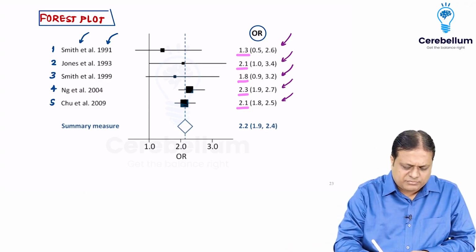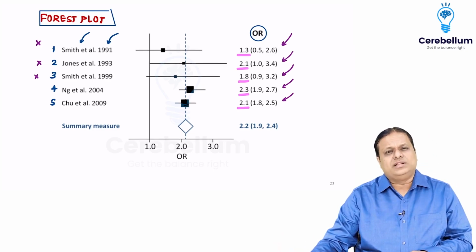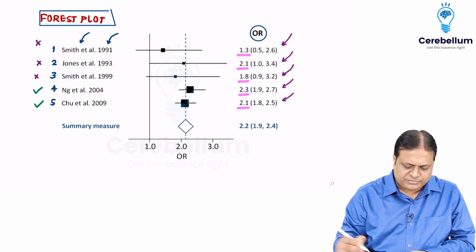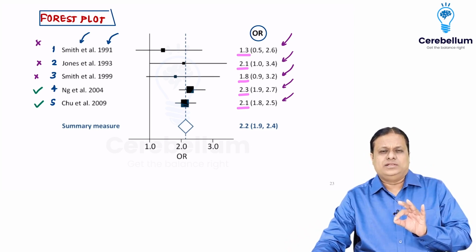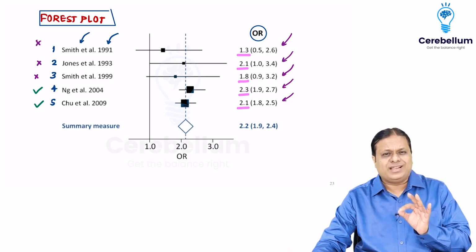So study number 1, 2 and 3, if you see, confidence interval includes 1, their results would not be useful. But study number 4 and 5, their confidence interval does not include 1. So therefore results are valid. They should be included for calculation of the final result.